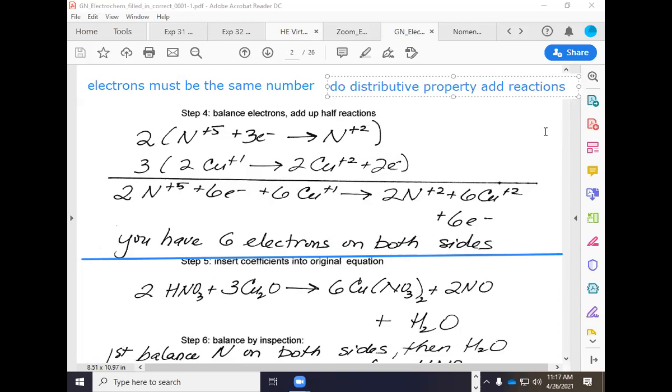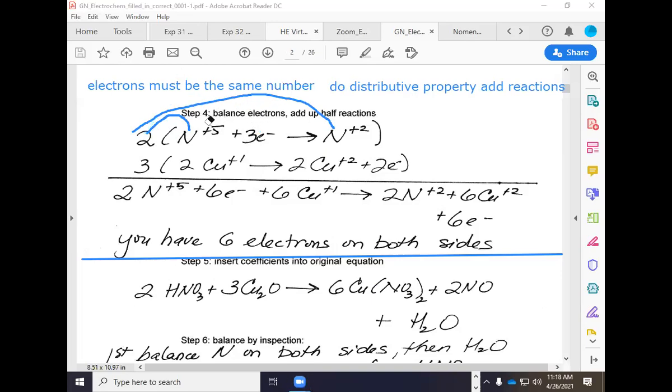We distribute the coefficients to the electrons. Now this is saying, how do I get 6 electrons? I multiply by 2.